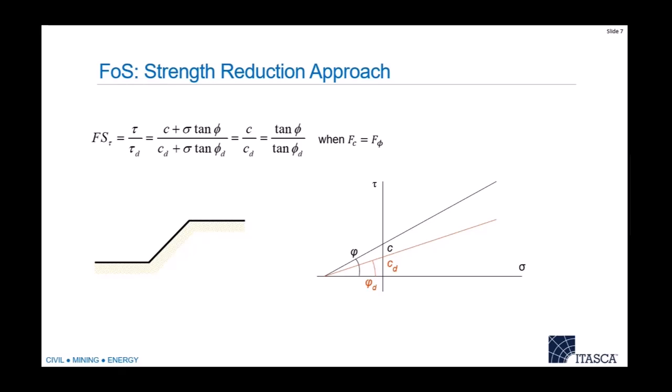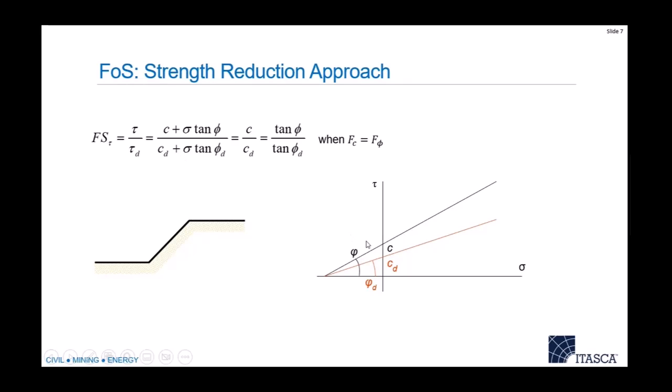Essentially, you take the shear strength and divide it by the actual shear stress, you get some factor of safety, and you just keep messing with the shear strength until this thing fails, and then you know what the factor of safety is.